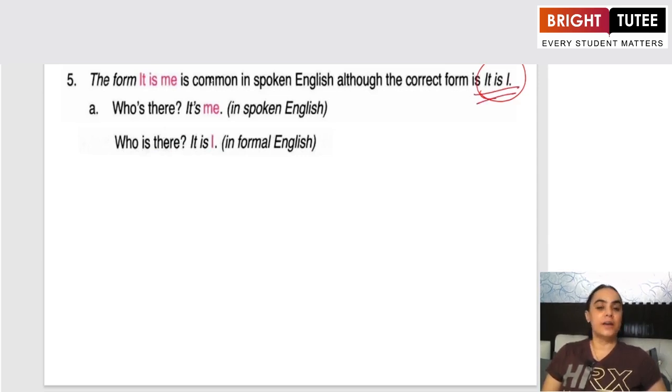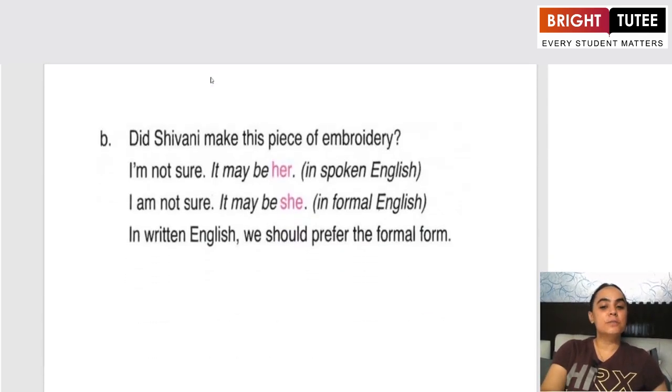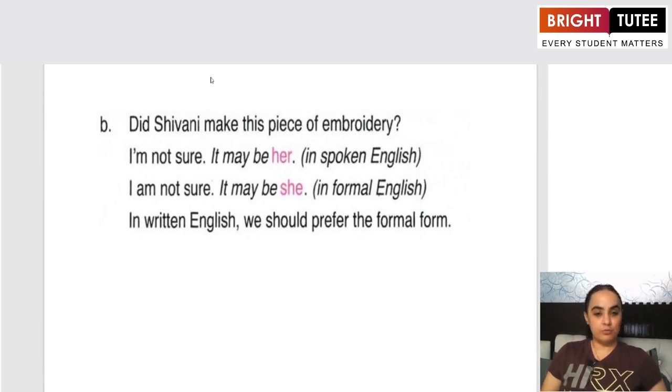Okay? Another rule that we need to keep in mind for personal pronoun, again, it may be her is something that we usually say, right? It may be her, but this is again incorrect. We have to say it may be she. So these are two cases that you need to know which will help you to learn the pronouns better.